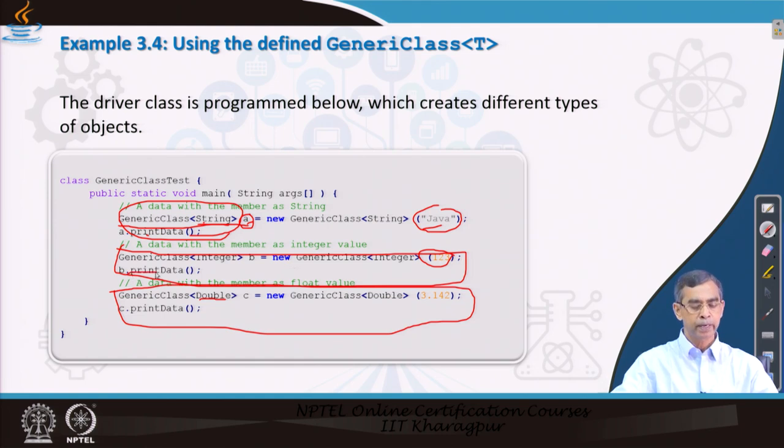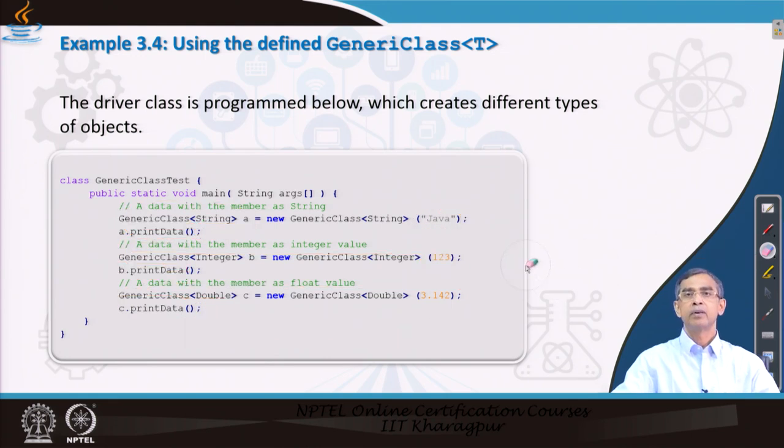For example, print data here prints data for integer type, here for string, and here for double values. This way the generic execution can be done depending on the type of values that you want to process. So this is the way that a generic class and its utilization can be done.